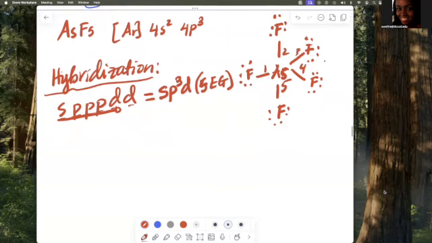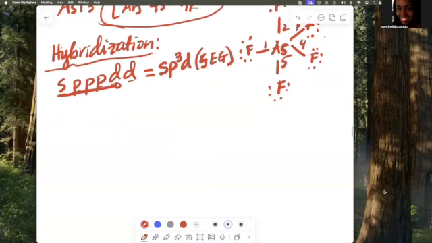I need the shorthand configuration right here to draw my orbital diagram. I'll put the 4s on the bottom with my 2 electrons. The 4s sublevel has 1 orbital, 1 box. Next, the 4p sublevel, where I have 3 electrons.